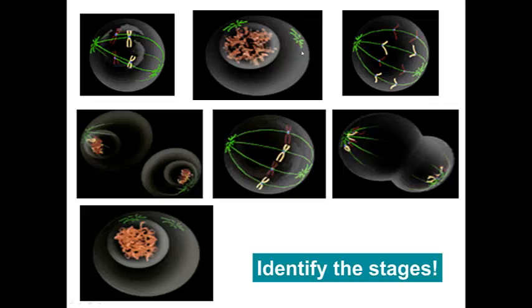So here you have two cells here and here. You can start to see centrioles forming. So that would be the starting of prophase. You can still see the nuclear membrane, so it's early prophase.